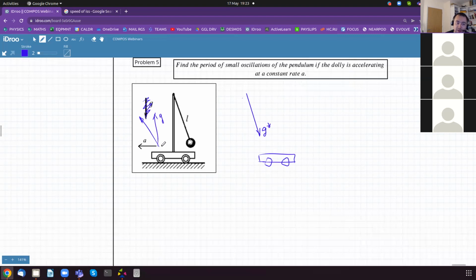If you're accelerating that way, or you're standing on a planet with gravity in this direction, it's exactly the same experience. Now, of course, this is g, and by Pythagoras' theorem, we can find the perceived gravity. Perceived gravity is the square root of a squared plus g squared. Simple.